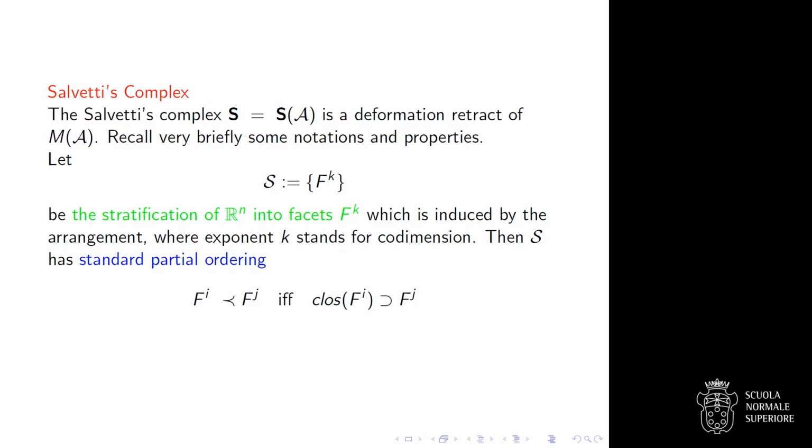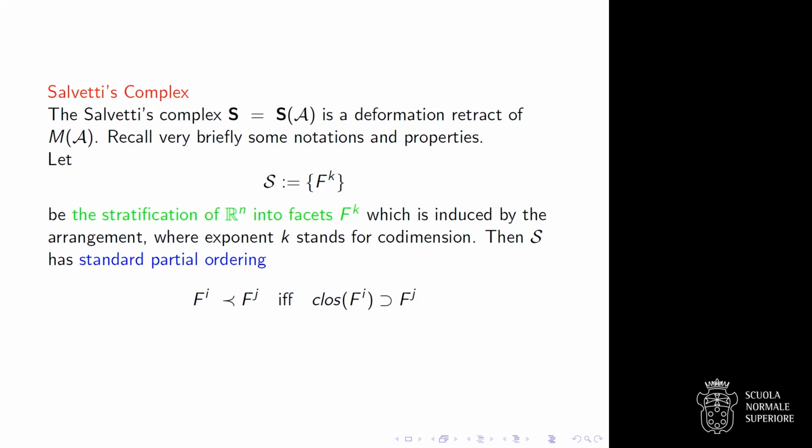So which is the stratification we are looking at there? Essentially, for codimension 0, we have 6 elements that are called chambers, the open ones.